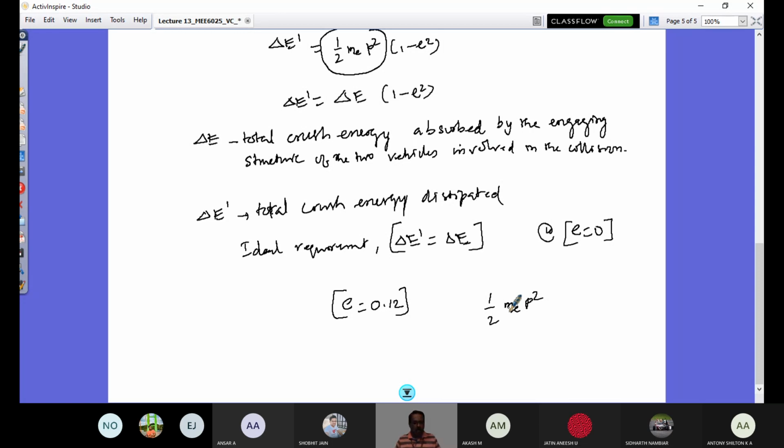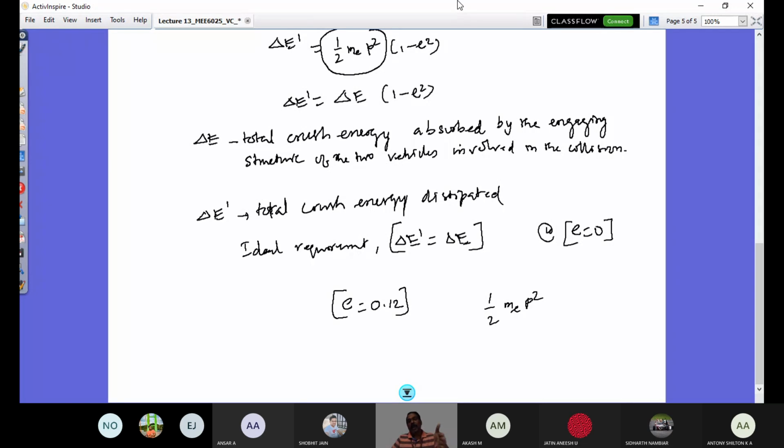There are also other observations where you will have your quiz questions based on this. For example, if the approach speed is squared, what would happen to the dissipation energy? Such kinds of questions will be there.